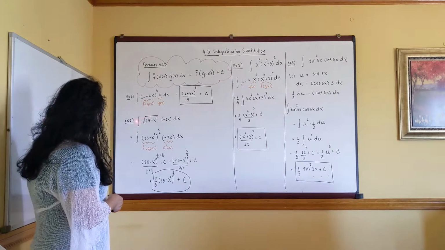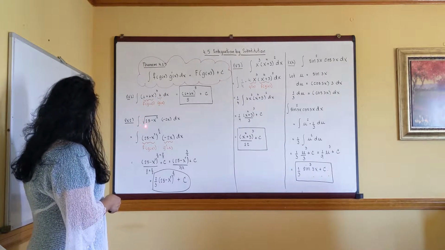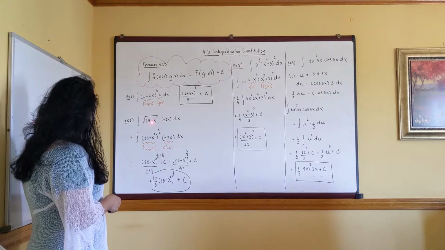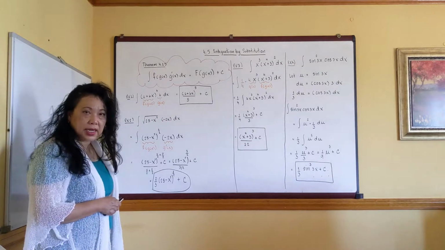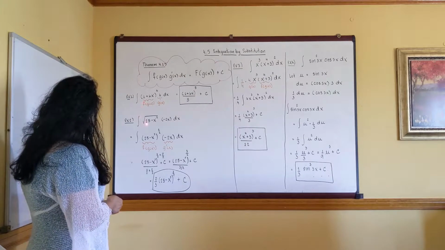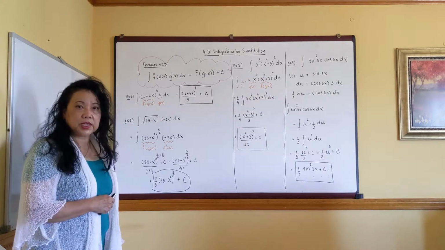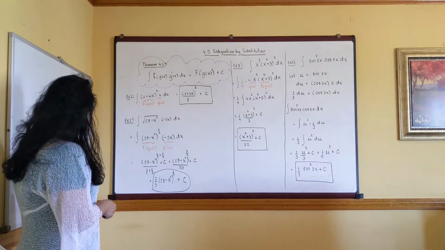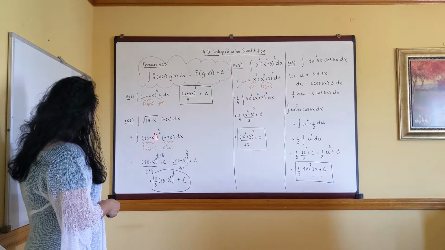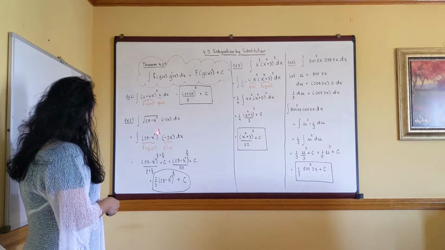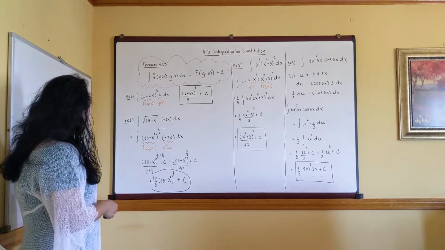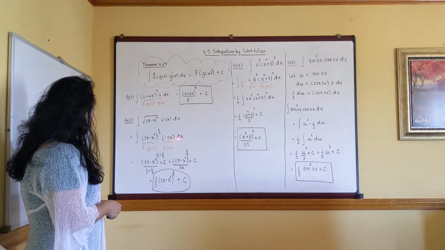The second example, I have an integral of the square root of (25 minus x squared) times minus 2x dx. I'm going to rewrite the square root in exponential form, which is (25 minus x squared) to the 1/2, times minus 2x dx.